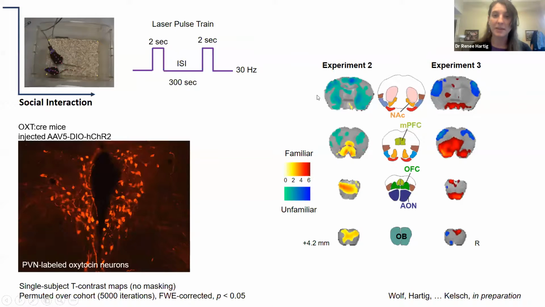However, I do want to point out that because we contrasted here and looked at differential activity patterns, the reason we don't see the ventral striatum or reward region here is because it's actually lighting up for both. So it doesn't matter if it's a novel or a familiar social stimulus.